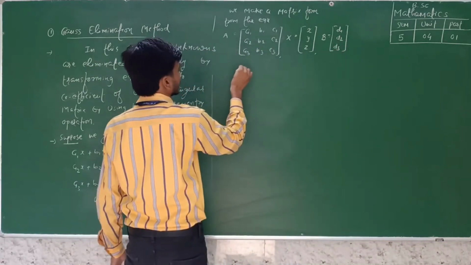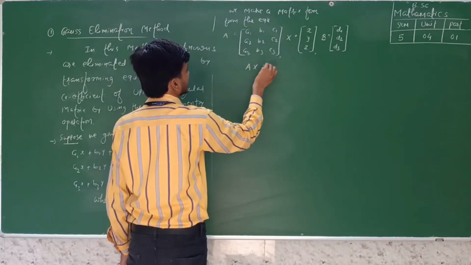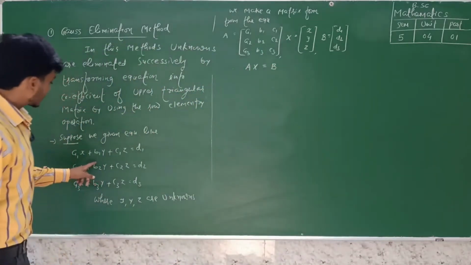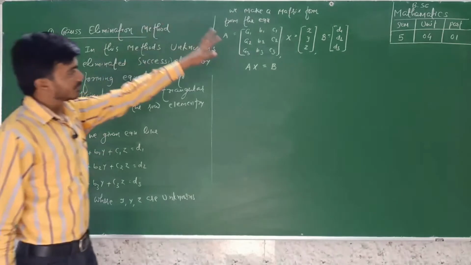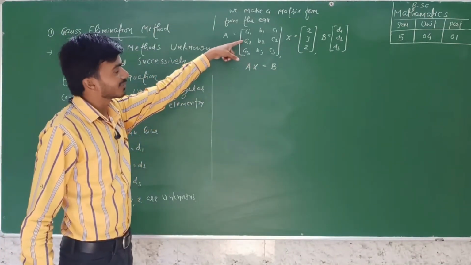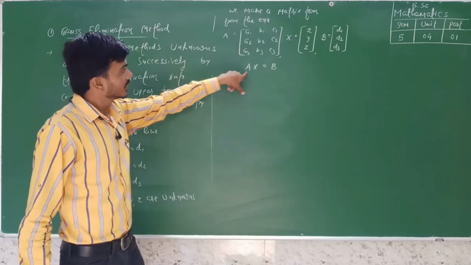So this form is AX is equal to B. From these equations we can make the matrix form AX is equal to B, where A is a 3 cross 3 matrix.